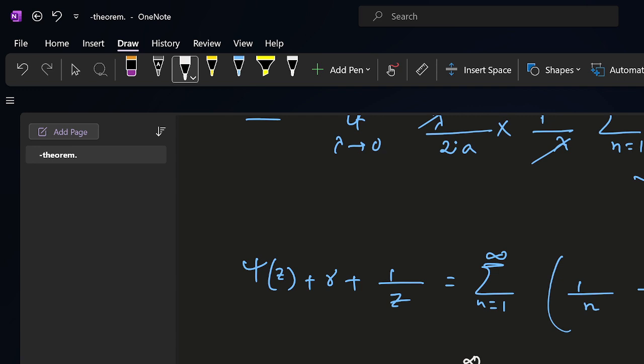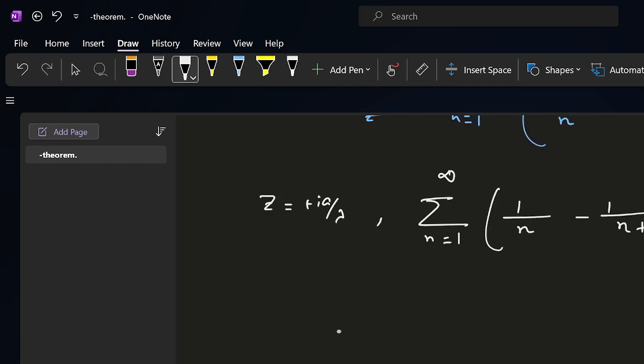This is equal to, what was that? Psi of z, where z value is ia by lambda. So psi of ia by lambda plus gamma constant plus 1 by ia by lambda, which makes it lambda by ia inverse, right? This is one thing.